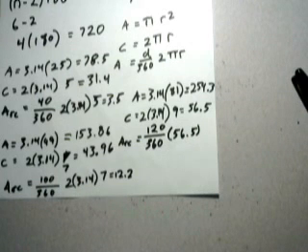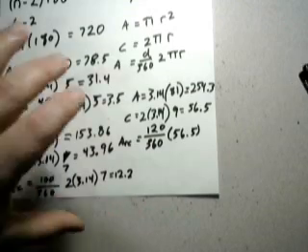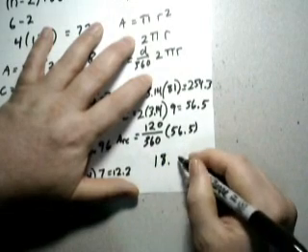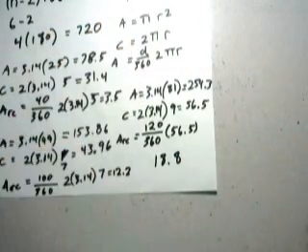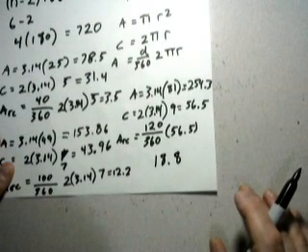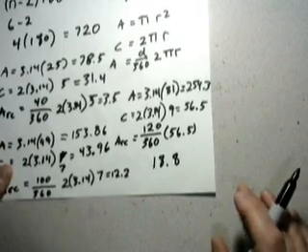So 120 over 360 times 56.5, 18.8. So the arc is 18.8. That's the arc length from A to B, the short distance. Ta-da! Okay, so we got some time here.